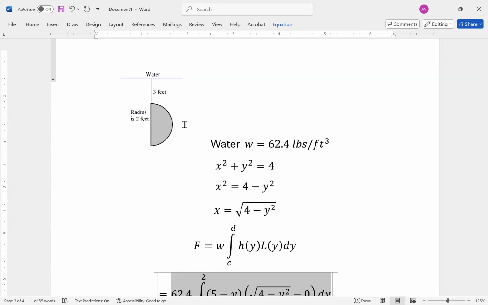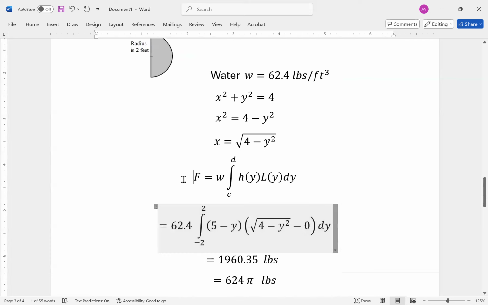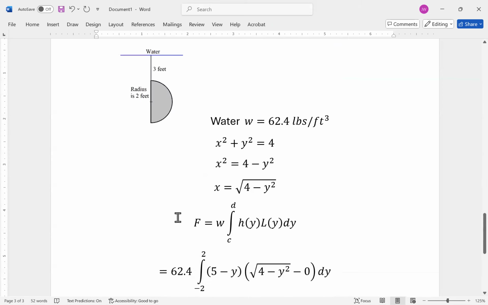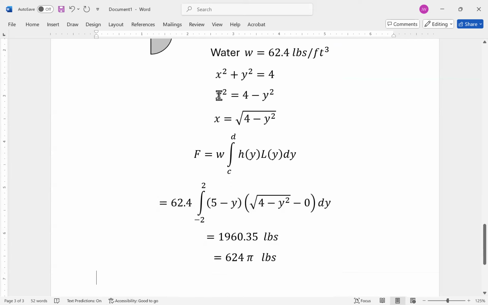With the rectangle we did in the second example, it was obvious where the center of mass was because of symmetry. But not everything is going to be so exact or so easy to find center of mass. But when we can, we see that it's the same. So there we go.